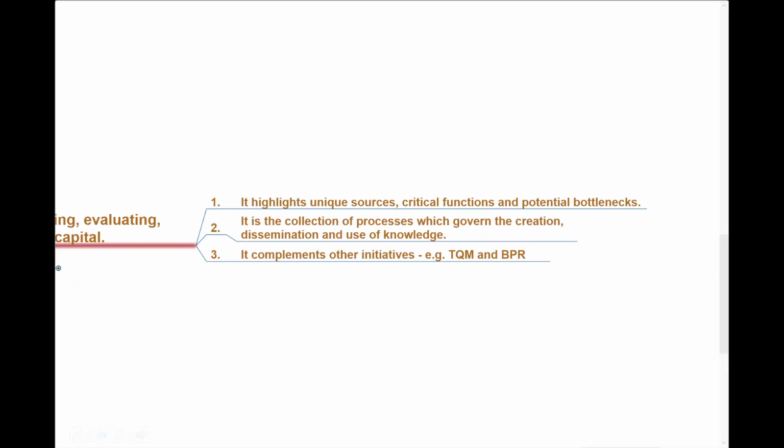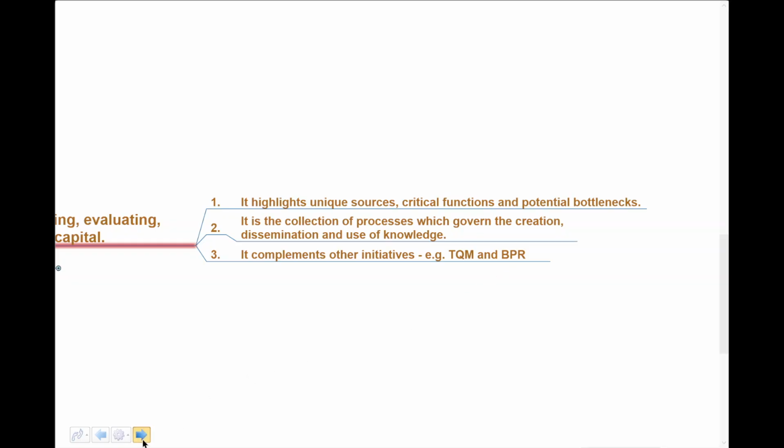As I said earlier, really the management of the knowledge and information a firm has in whatever form that is. In addition, it may tie in or complement other systems, for example, total quality management, or business process re-engineering.